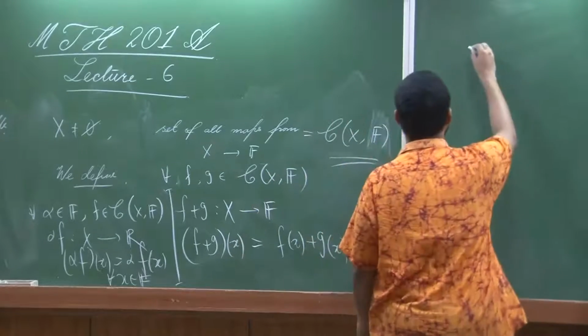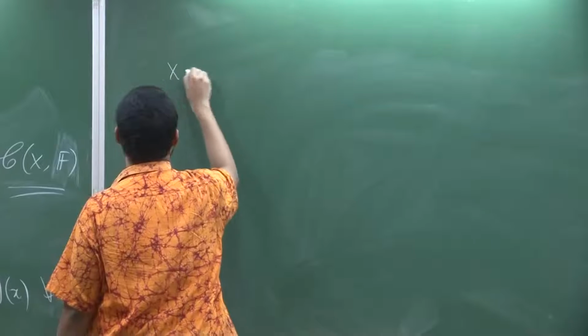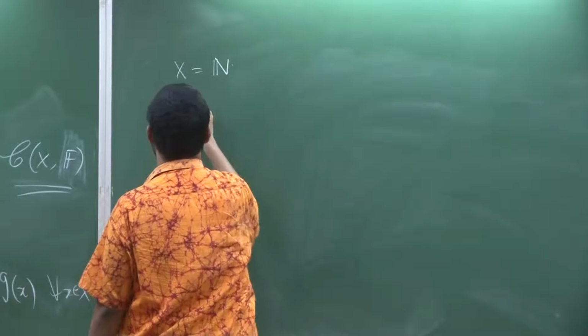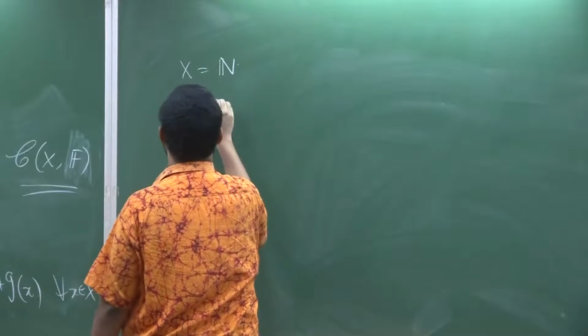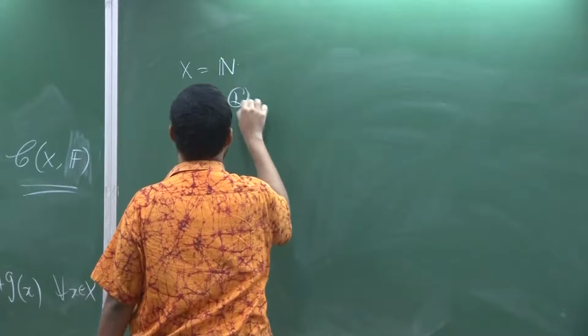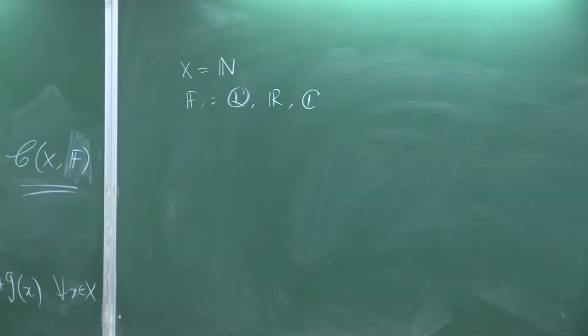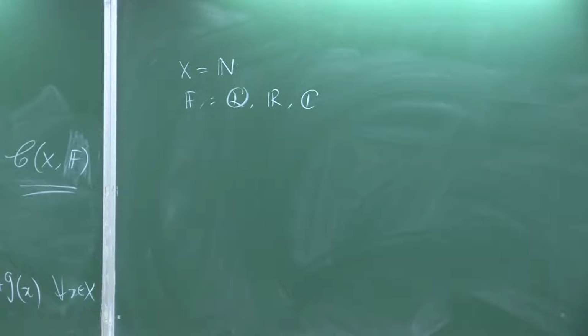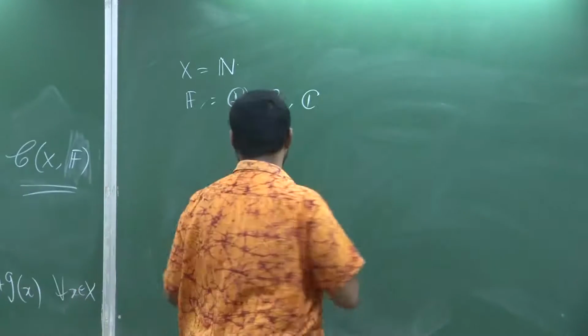So, we take X equal to the set of natural numbers, and let us take F to be either Q, R or C. Fine.